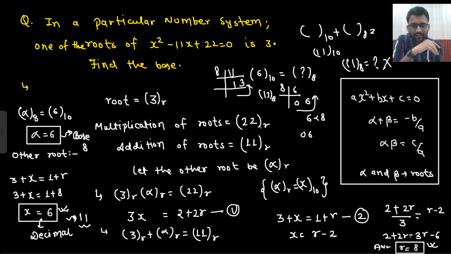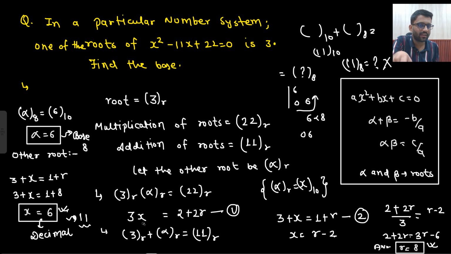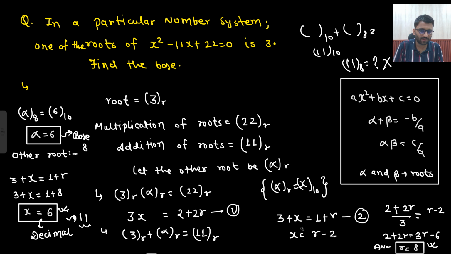The complexity starts from here: if you have converted everything into decimal, then this x is also decimal. That means this alpha r has been converted into decimal. From here, if you are getting r equal to 8, so putting r equal to 8 here gives x equal to 6. This answer you are getting in decimal.